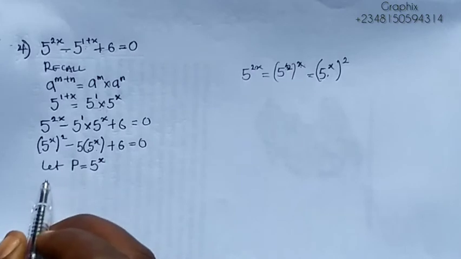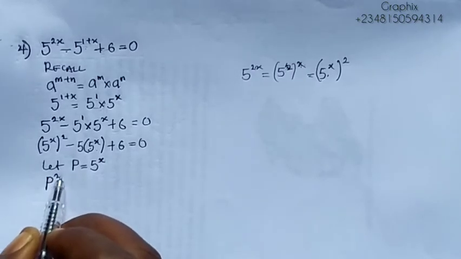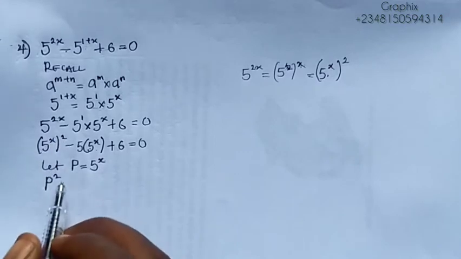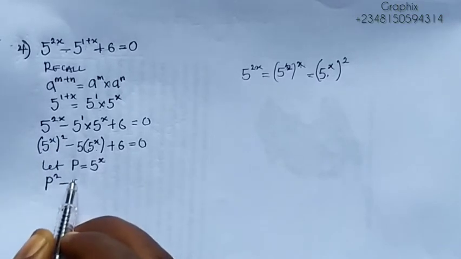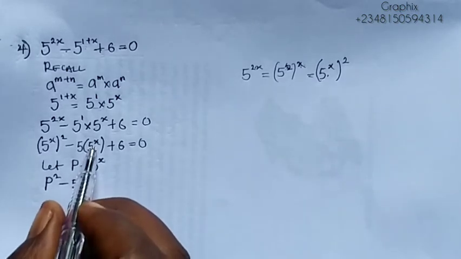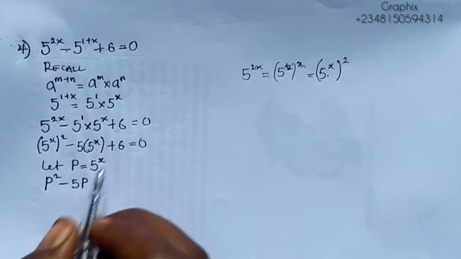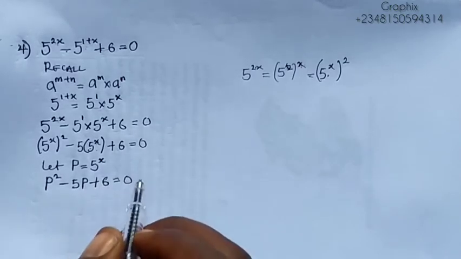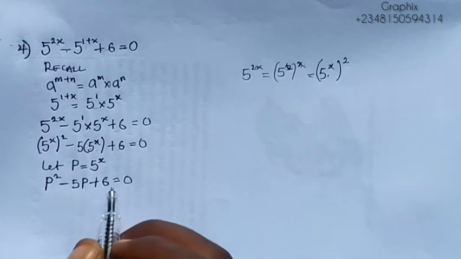So we have p squared, this 5 to the power x squared is p raised to the power 2, minus 5p. This 5 to the power of x is also p. Then plus 6 equals 0. Now it has led to a quadratic equation. So we're going to solve quadratically.